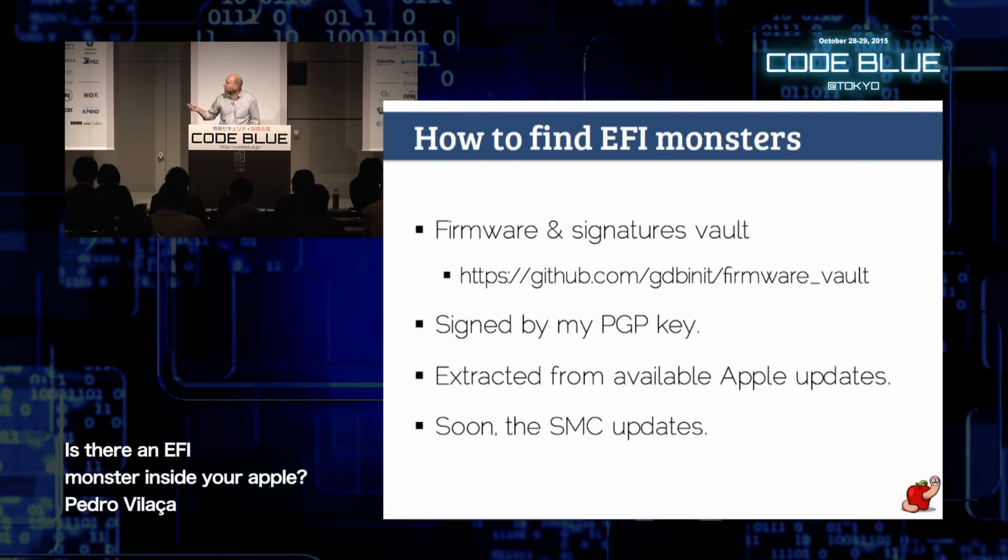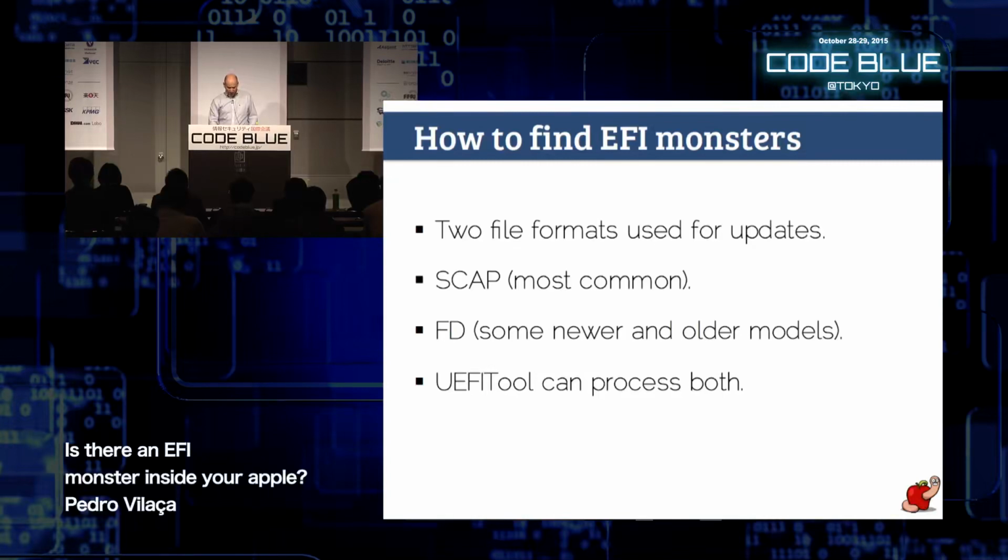So everything is extracted from available updates. I did my best to guarantee that they are legit, that they are not tampered with. Soon I will put the SMC updates there. So it's probably a very good reference. If you don't want to chase or to download yourself, you can go there and you have all updates available there. Let me skip this.